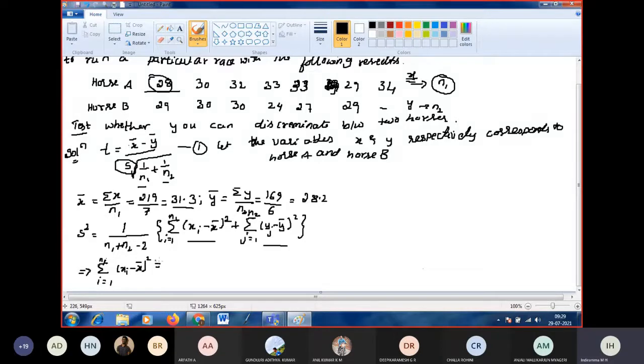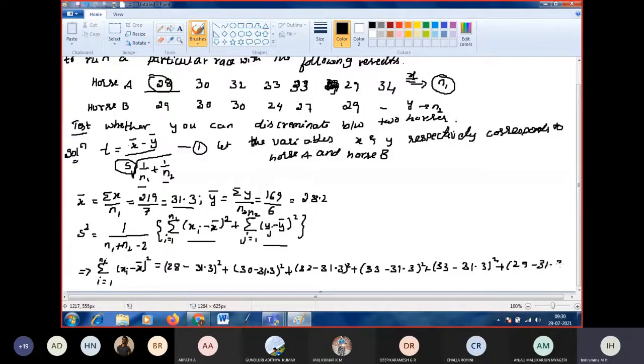So consider x1 minus x bar whole square plus like that. x1 is 28 minus 31.3 whole square, plus x2 is 30 minus 31.3 whole square, plus next 32 minus 31.3 whole square, plus next 33 minus 31.3 whole square, plus again 33 minus 31.3 whole square, plus 29 minus 31.3 whole square.